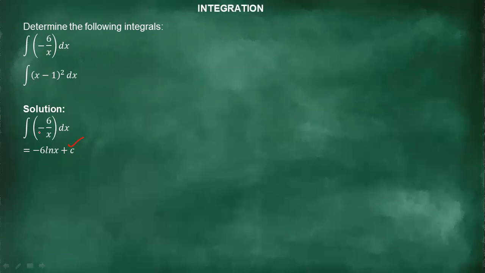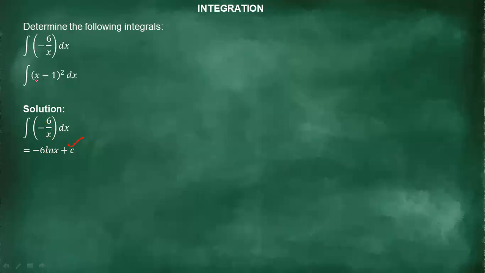So this rule, I believe we all understand how we go about it. When the denominator is x with the exponent 1, then it will always be a ln. It will depend on the number on top, the numerator. For instance, this one is -6 over x, so it's going to be -6 ln x. It's always the case.